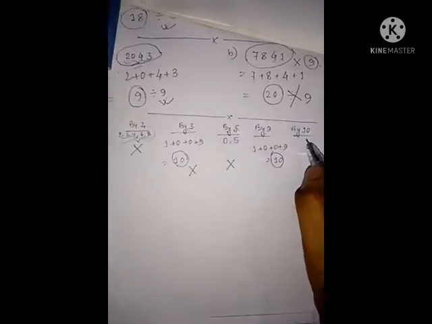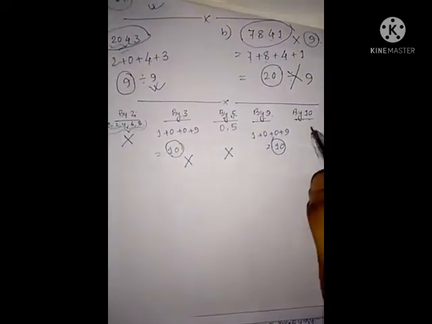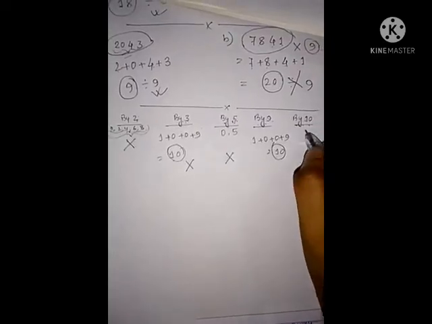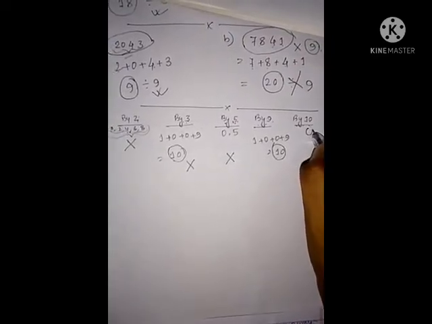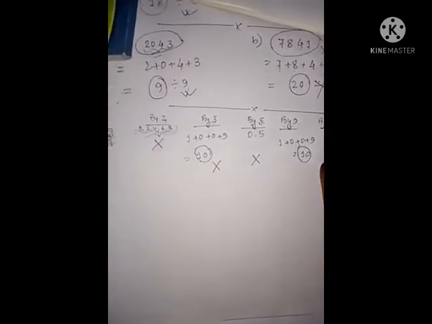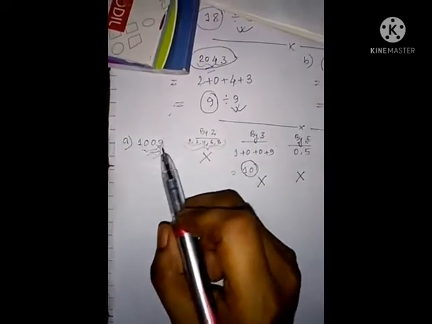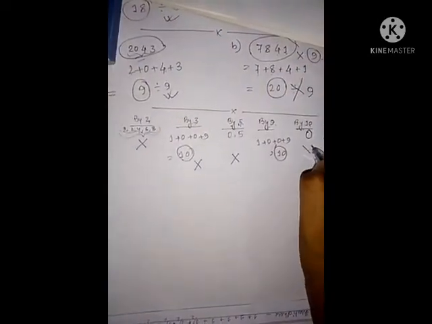Okay? By 10, we know that if a number has 0 in ones position, then that number will be divisible by 10. But here 9 is present. Because of this, this number is not divisible by 10.